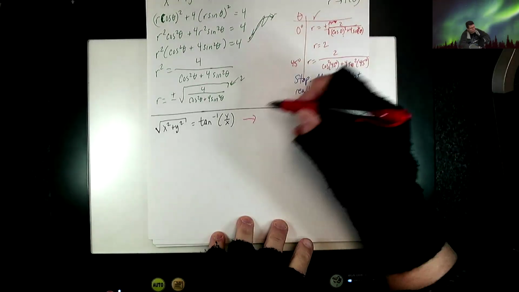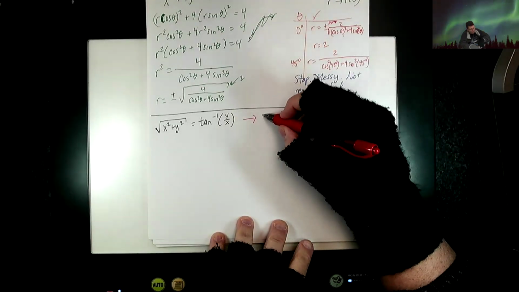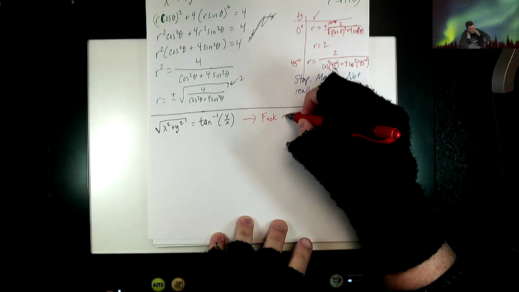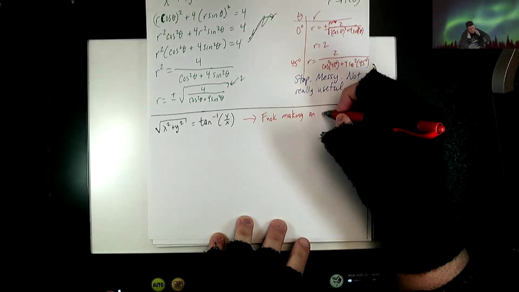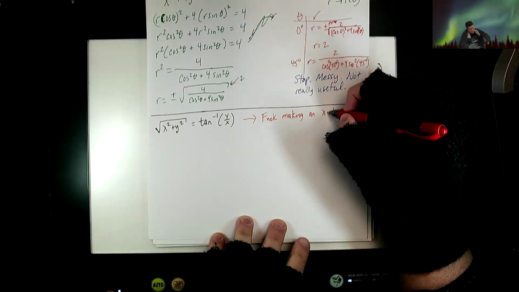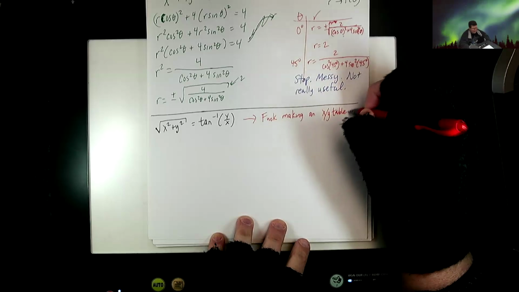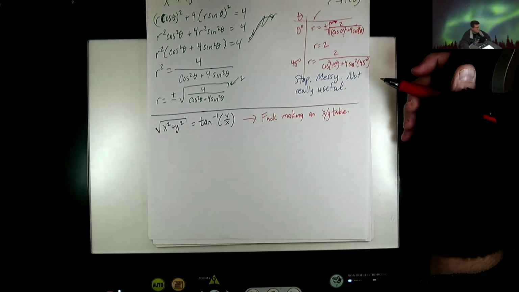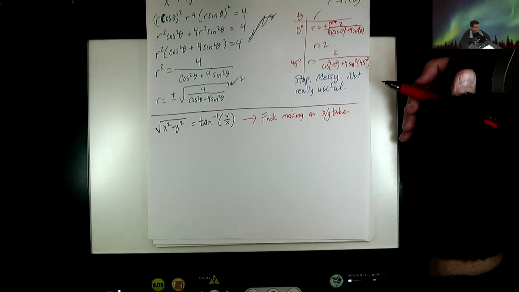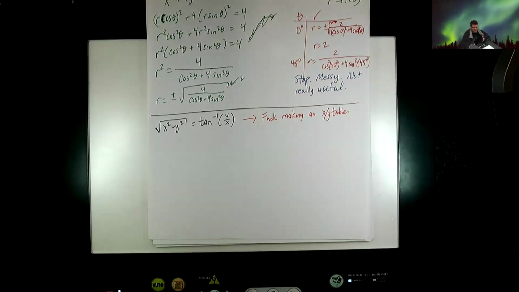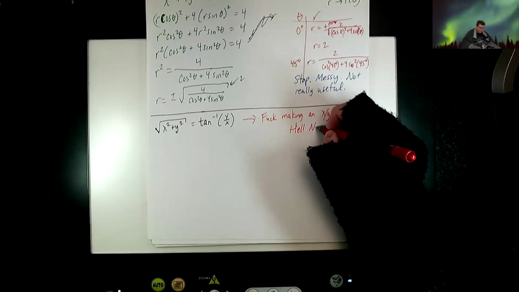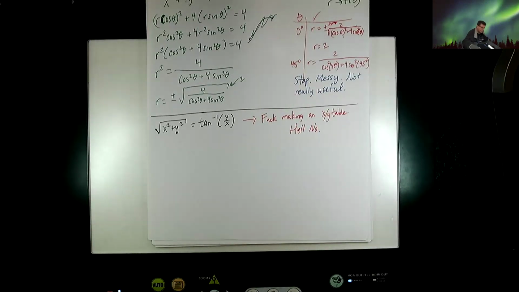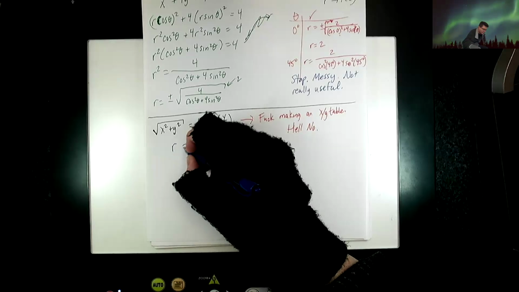I think we can all agree, making an XY table for this, I'd have to isolate one of the letters to make this useful. Hell no. Like, nope, not doing it. A big fat hell no. But if I switch to polar, this is r equals theta.